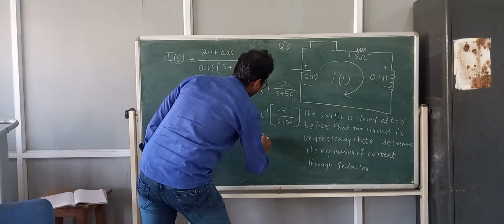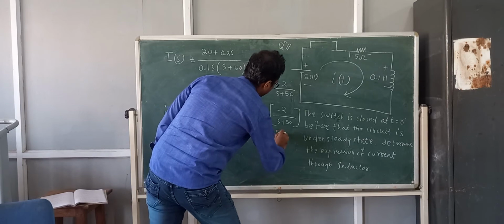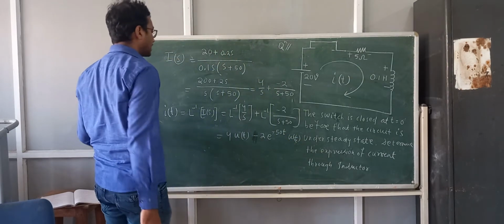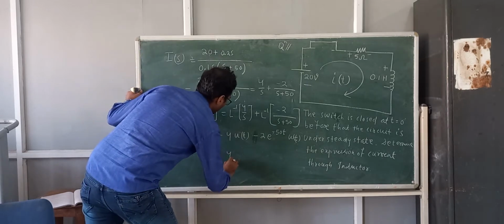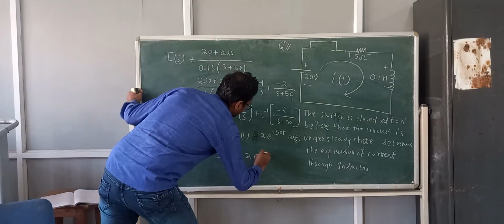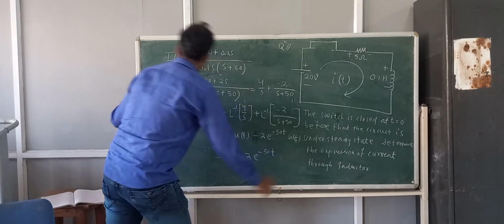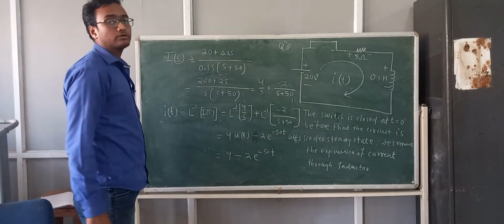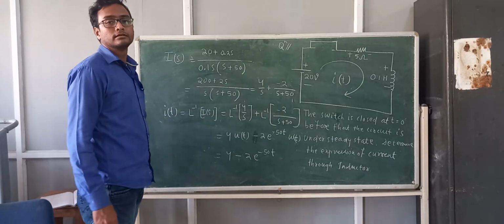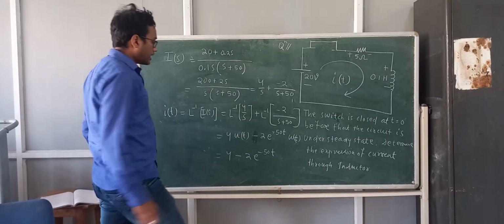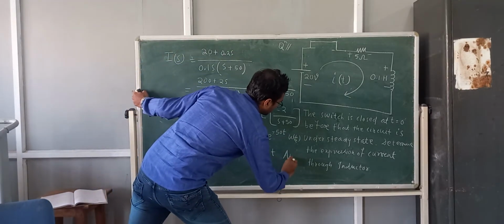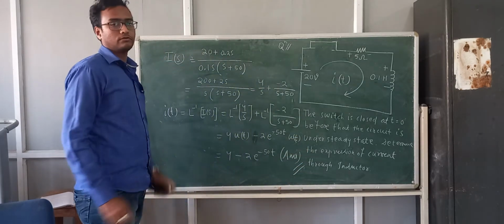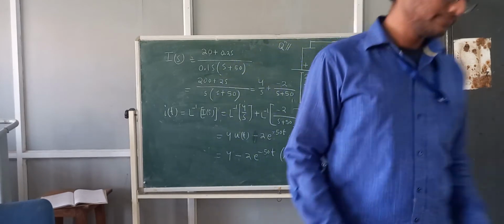This is minus 2 e to the power minus 50t. So what is the final expression you are getting? 4 minus 2 e to the power minus 50t will be the expression for your current at instant t. Okay, at instant t this will be the answer. Okay, one second.